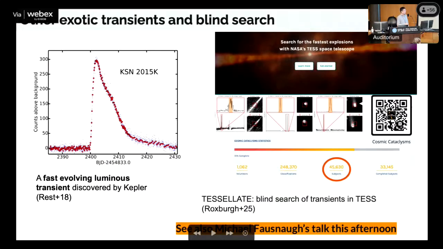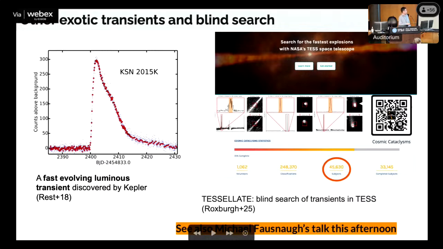In Kepler and TESS, there are also a lot of fast evolving transients that weren't discoverable from ground-based surveys. The left-hand side shows a good example of that, from the Kepler mission, and we want to continue that effort in detecting more anomalous or exotic transients in the TESS field of view.